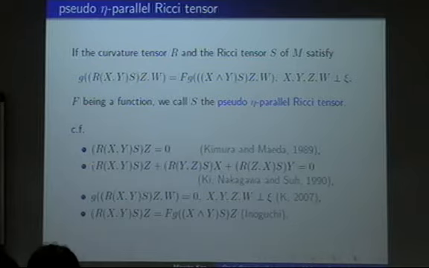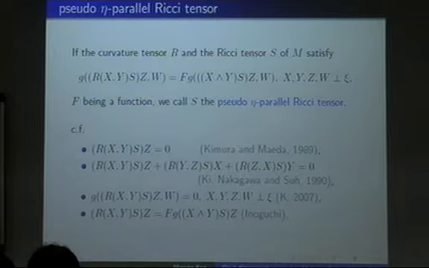And Professor Ki, Professor Nakagawa, and Professor Suh classified hypersurfaces which satisfy this condition. And this condition is closely related to the first condition, and it is a bit weaker.